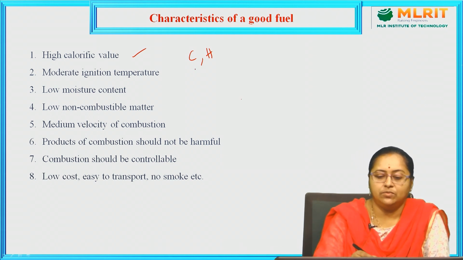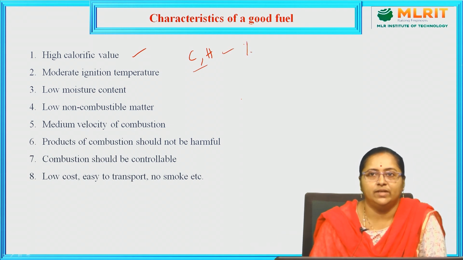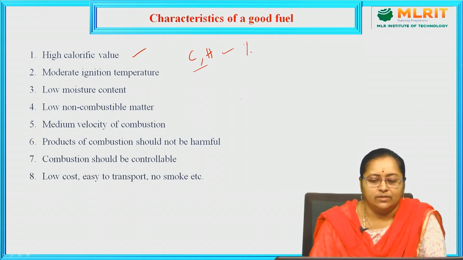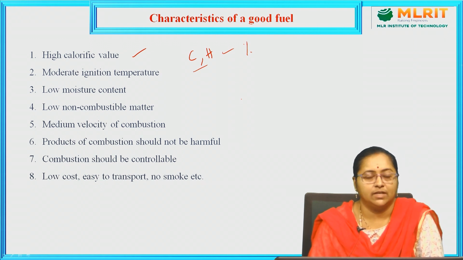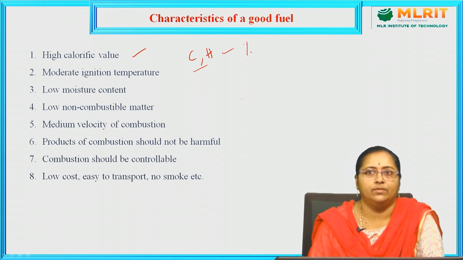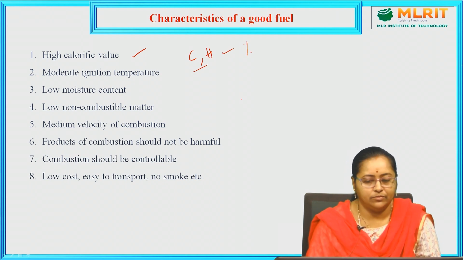If these two are present in larger amounts, then only combustion takes place properly in excess of air, and the fuel releases more heat energy that can be captured and used for various applications. That's why a good fuel has a high calorific value. This is the first criterion of a good fuel.